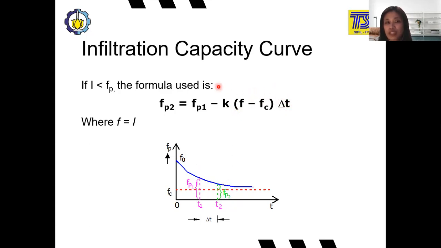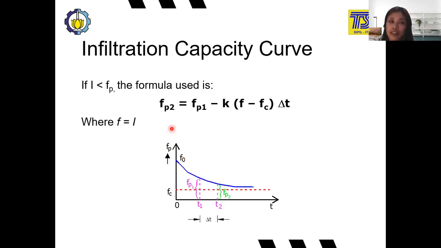It will be clearer if we use this in an example because it has numbers. Here in the formula, we only have this equation. It will not be clear if we are not using it with numbers. So there will be an example in the last section of this presentation.